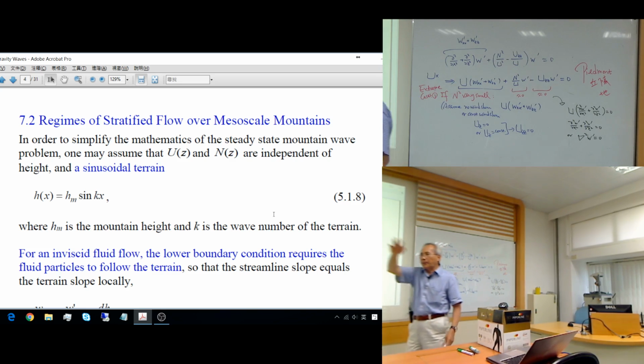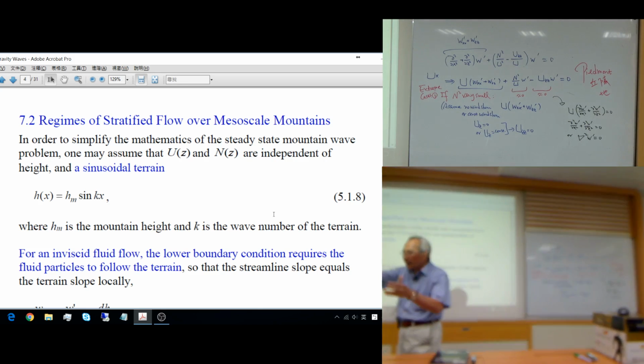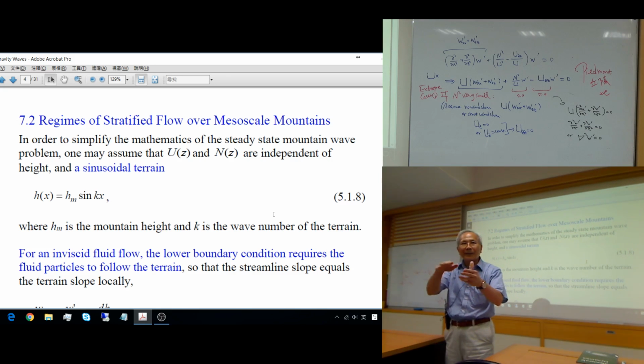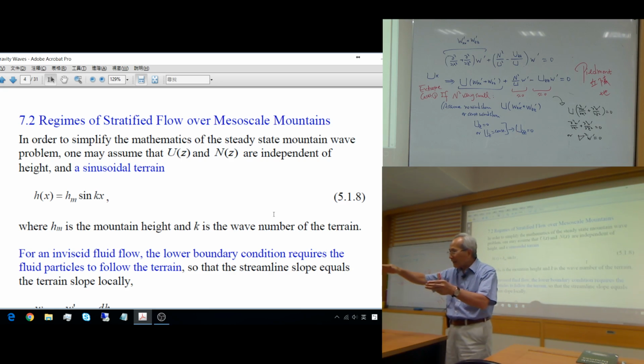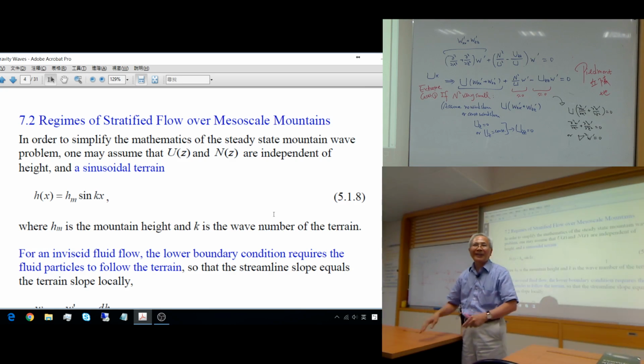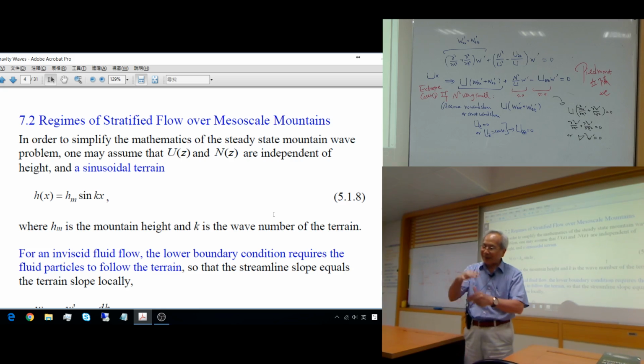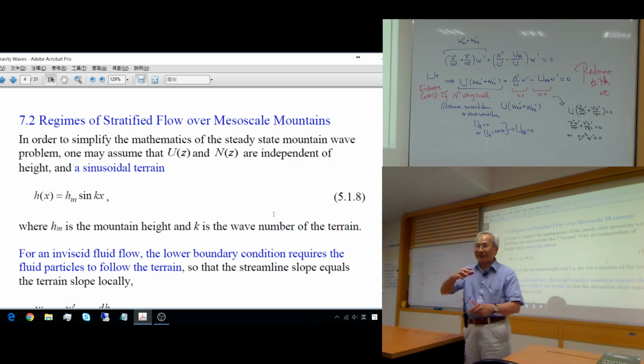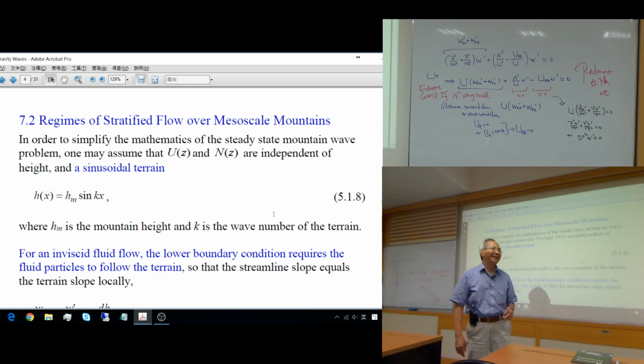So here are small hills. Sometimes the trees on the street go like this, like a sinusoidal mountain. Every time I drive through that, this is the mountain I've studied.